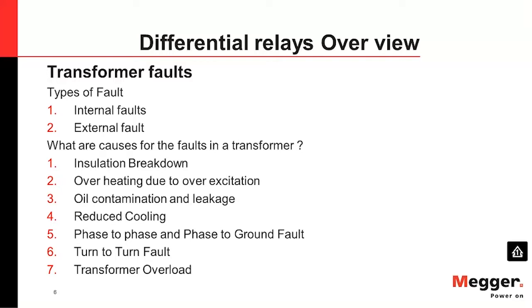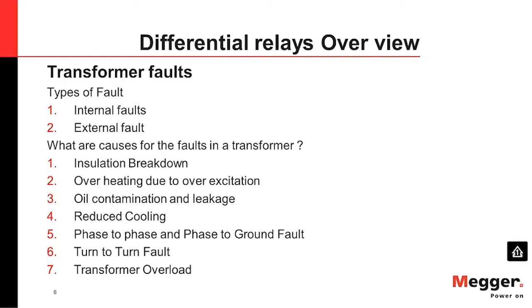As for the types of faults, we have what we call internal faults in the transformer itself, and we have external faults. External faults shall not affect my transformer protection. But for an internal fault, we need to isolate it very fast to save our transformer and the network.